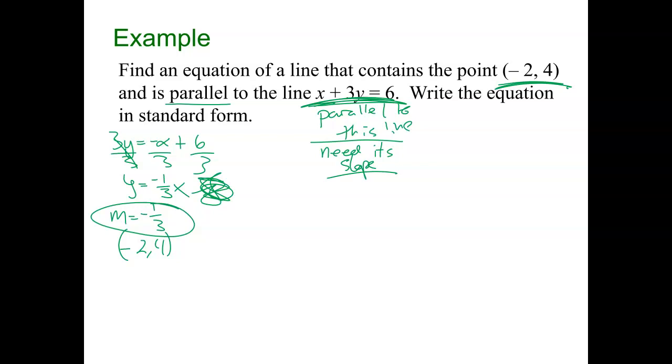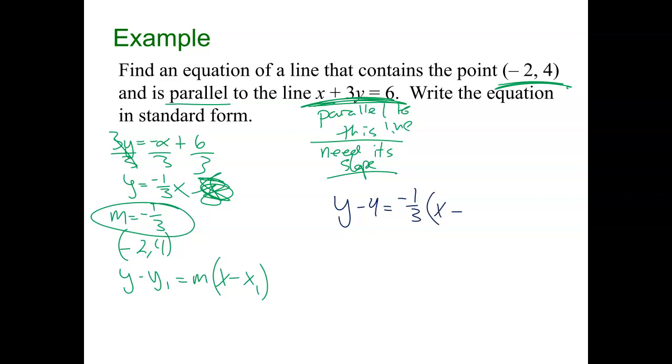Point-slope form. y minus y1 equals m times (x minus x1). y1 is 4. y minus 4 equals, what's my slope? Negative 1/3.